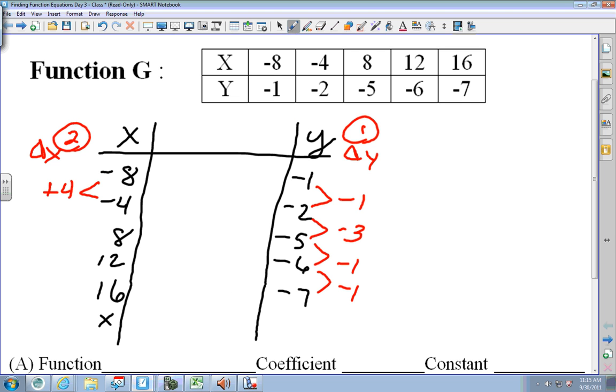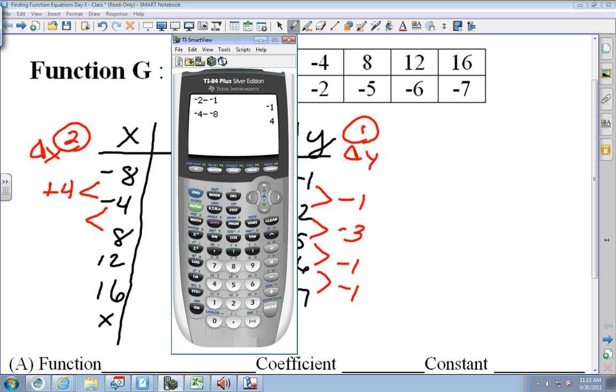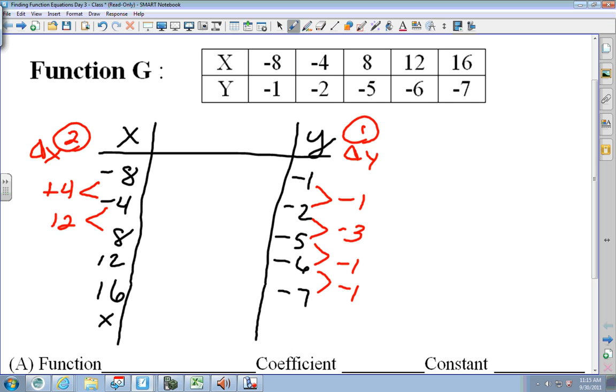That makes sense because I'm going from negative up to positive, so I'm getting more positive. People struggle with this. On this one, take 8 minus -4. Take the number down here minus the number above and press enter. I get 12. Here is +4 and +4.